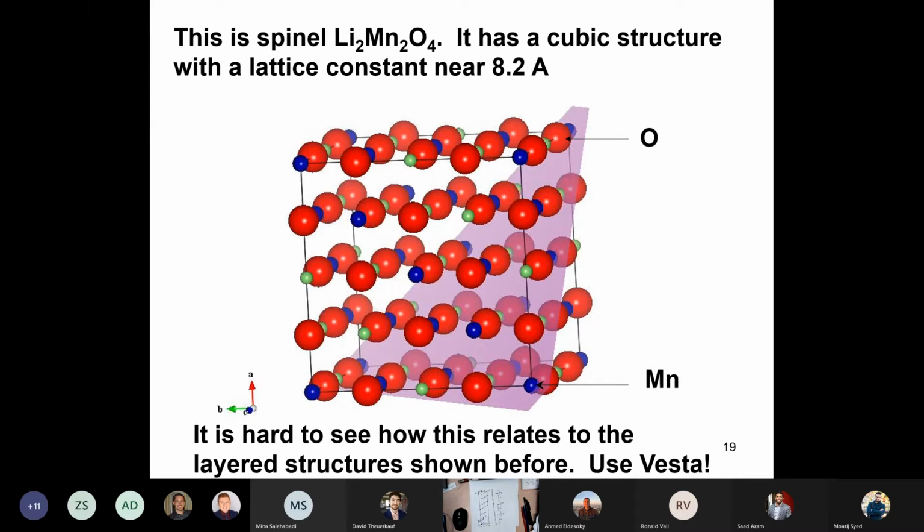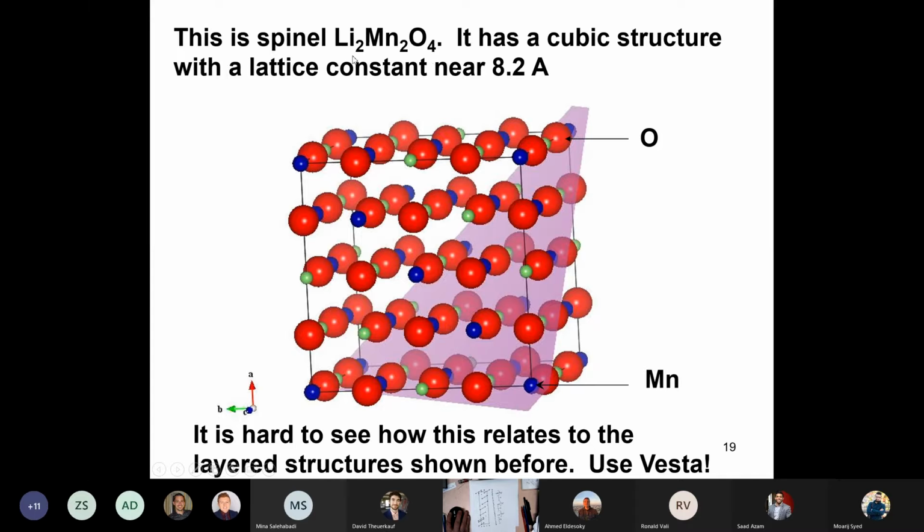So now I want to talk about the spinel material. So this is Li2Mn2O4, and this is formed by taking what's called LMO in our jargon, and LMO is lithium manganese 2O4.